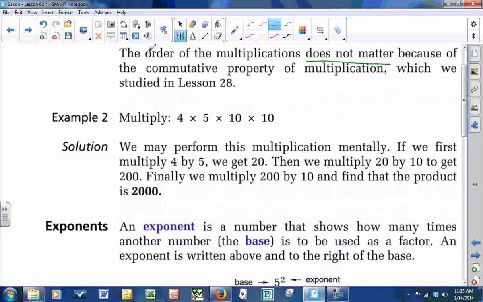Let's practice a second problem. This is a really good one. Here we have not 3, but 4 factors. So we can just break it down. You could say 4 times 5, which is 20. And then you would say, well, what's 20 times 10? And of course, 1 times 2 is 2. And then you would put your two zeros.